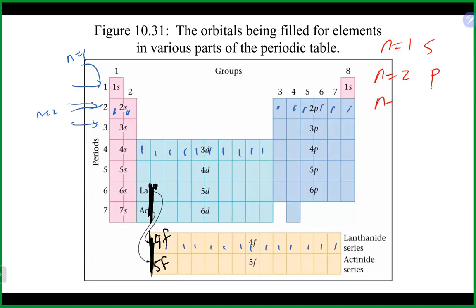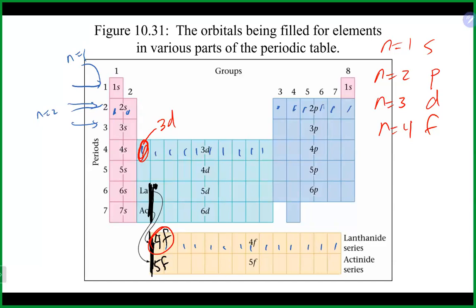On the third energy level, you still have s and p, but that's the first energy level that d's appear, which is why this one right here is our first d, so it has to be 3d. And the fourth energy level still has s, p, and d, but that is where you first start to see f appear, which is why this one down here is actually 4f, because that's the first appearance of f orbitals. Even though period-wise, it is 2 behind, and d is 1 behind the period number.